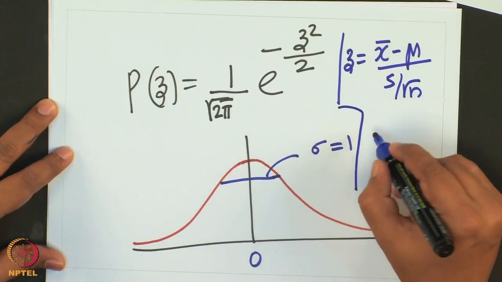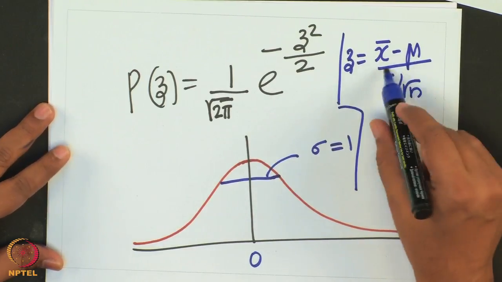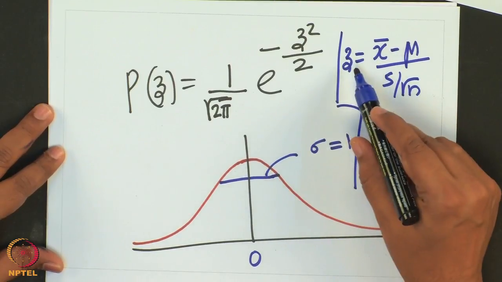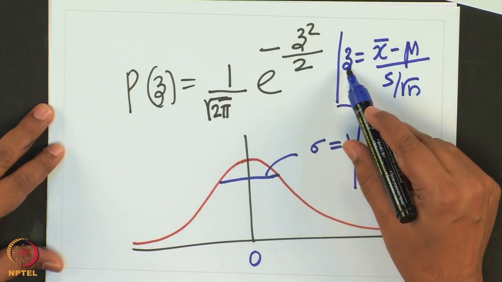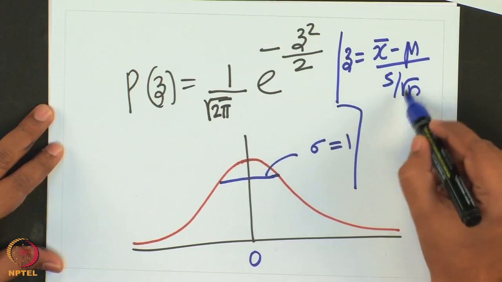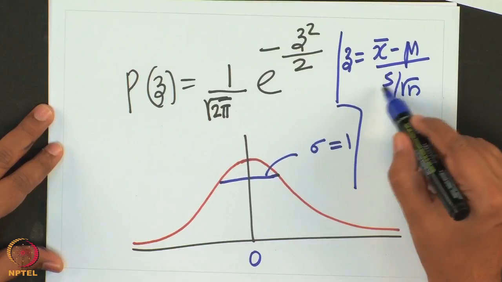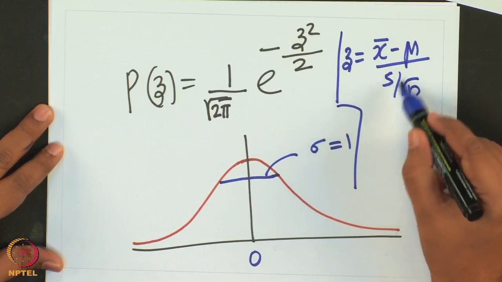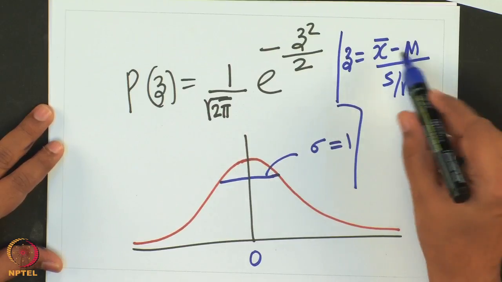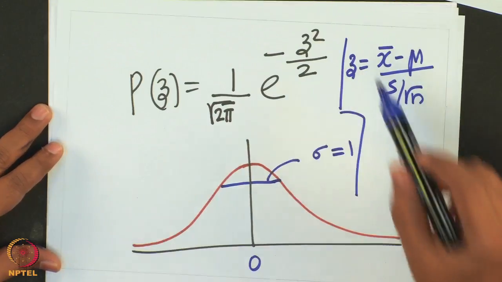We can calculate the z, and if x bar is equal to mu, if the measured quantity is very close to mu, you would expect a very small z value. It could also be equivalent if you do a large number of experiments, and so on. Depending on various things, if x bar is very close to mu, z will be very small.